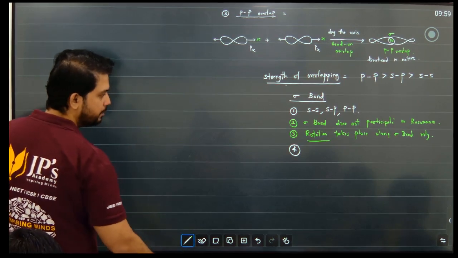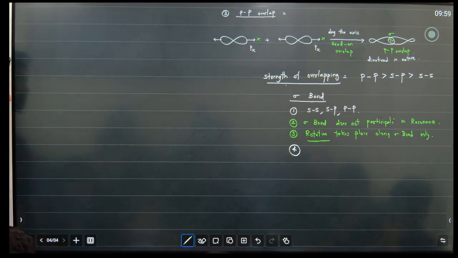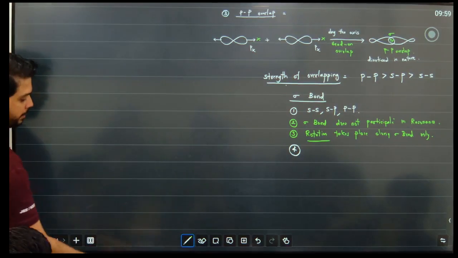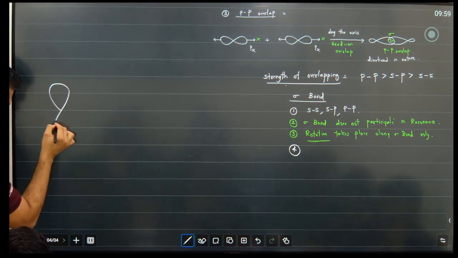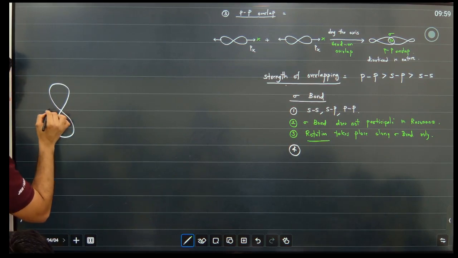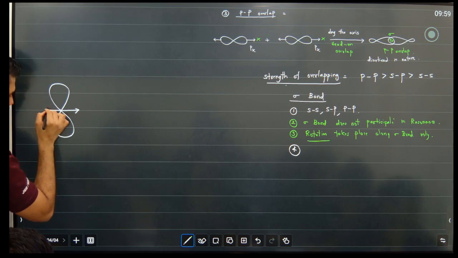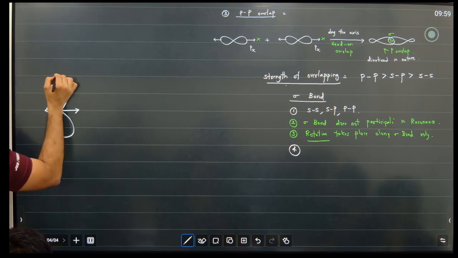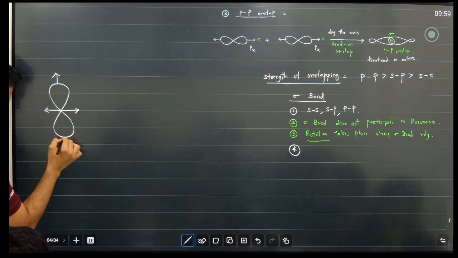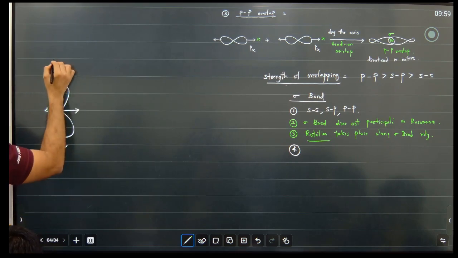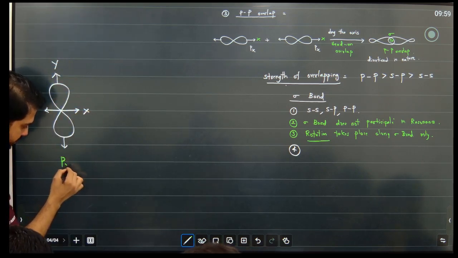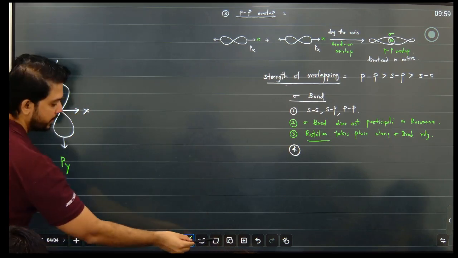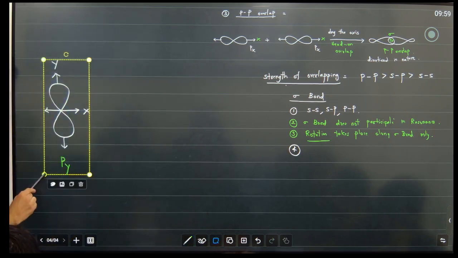So the second type of covalent bond that we have is called as pi bond. And pi bond formation कैसे होता है? Let's say this is my py orbital. I repeat, this is my py orbital. So I have 2 of these.